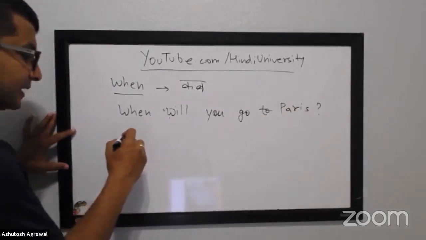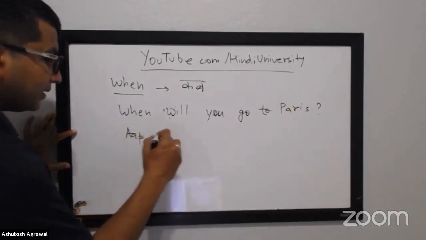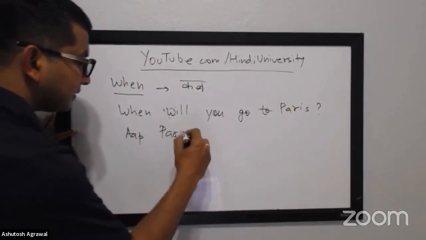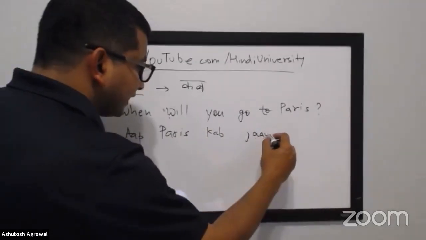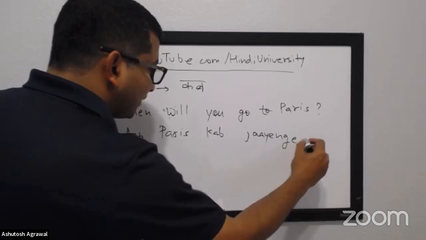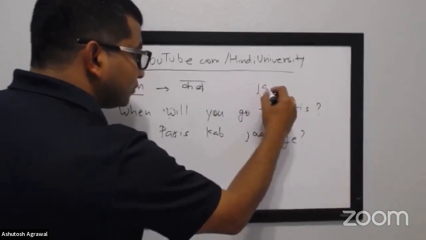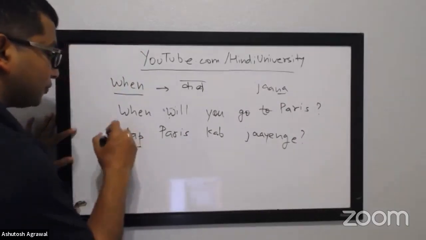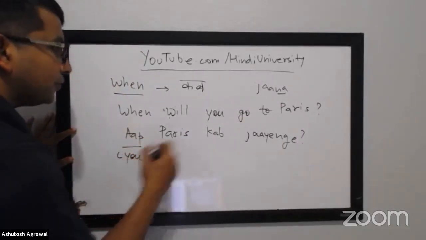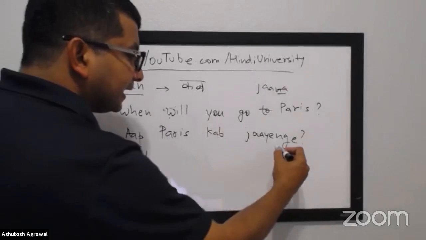In Hindi, you will simply say, आप पेरिस कब जाएंगे? The verb is जाना, to go, and for आप, the you pronoun, you remove the na and put enge after that.